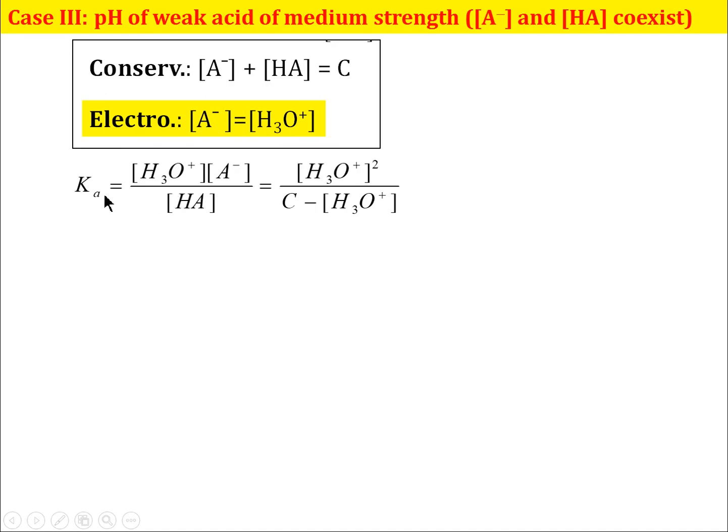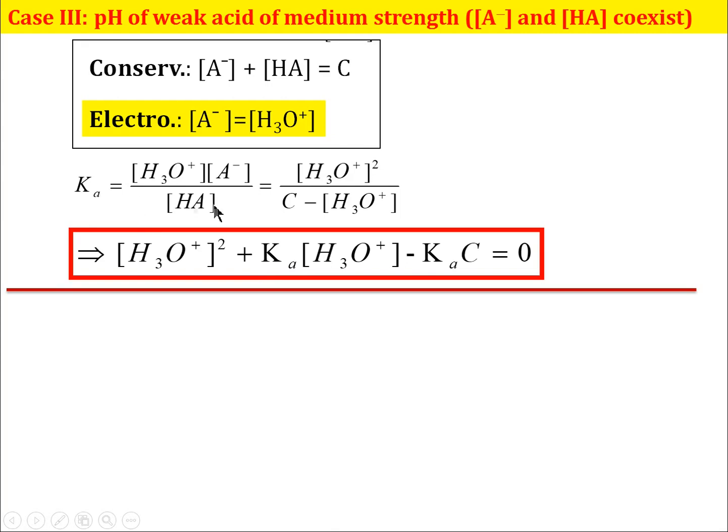The expression of Ka equals the concentrations at equilibrium of H3O plus times A minus divided by HA, and H3O plus equals A minus, so Ka equals H3O plus squared divided by HA, which is equal to C minus H3O plus.